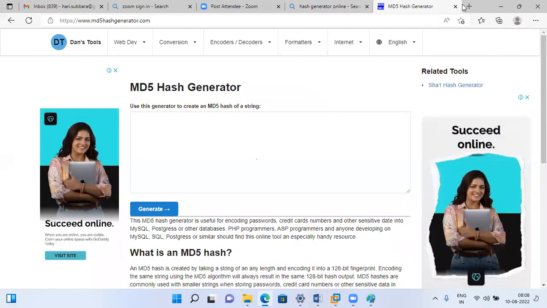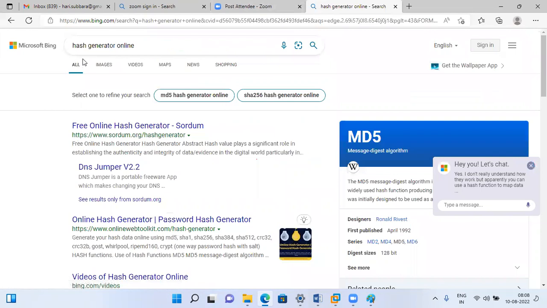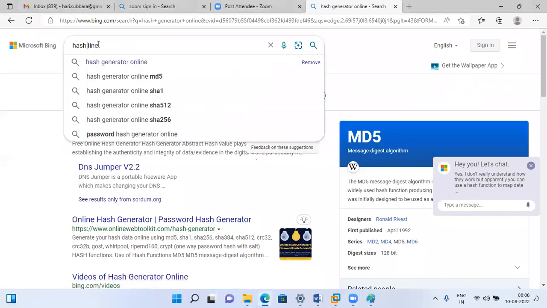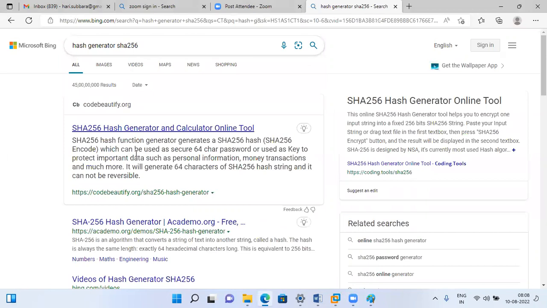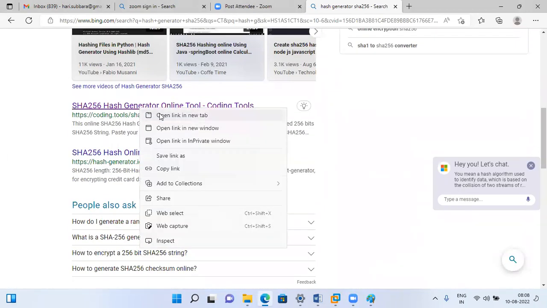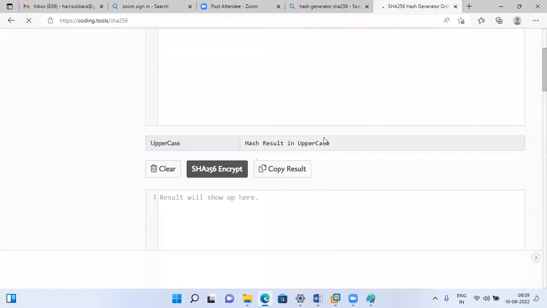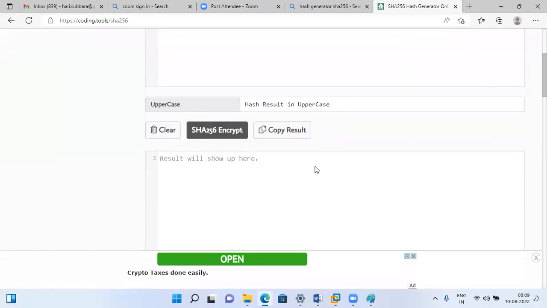But I need to create a hash for SHA-1, SHA-2. So instead of MD5, hash generator online. Let me check this tool link. SHA-256 hash generator.